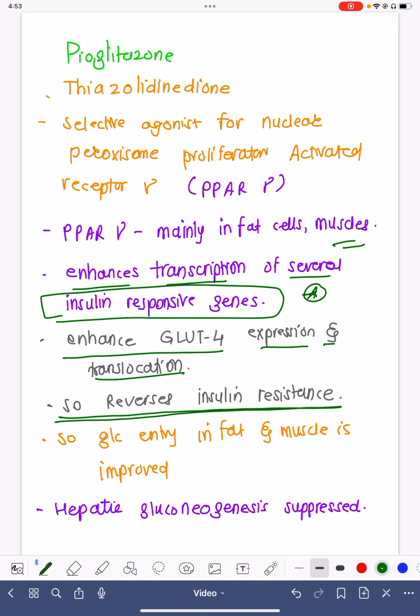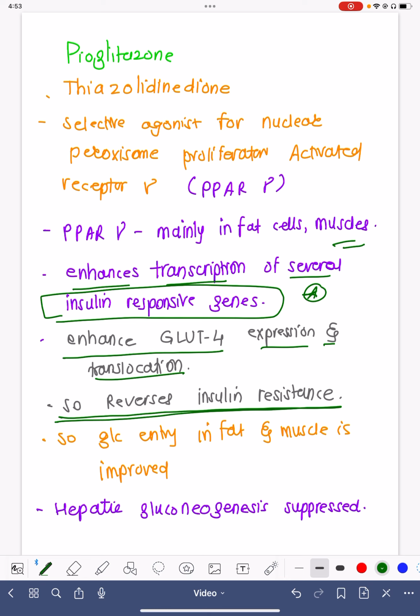That is the reason why it is one of the excellent insulin sensitizers. It means it will help us to reduce the need of insulin for the patient. So even at lower insulin levels, the patient's sugar can be managed better.